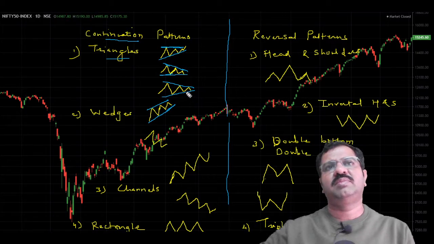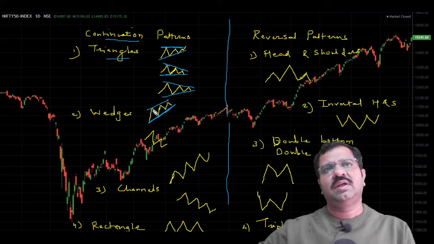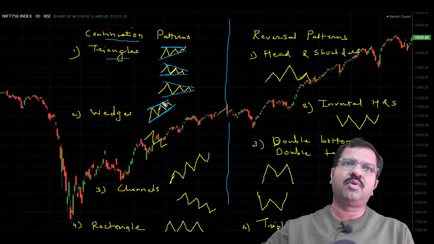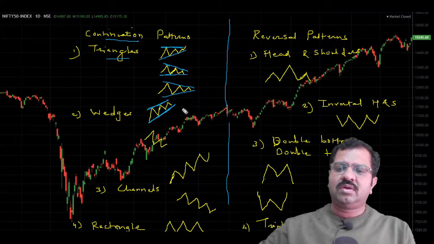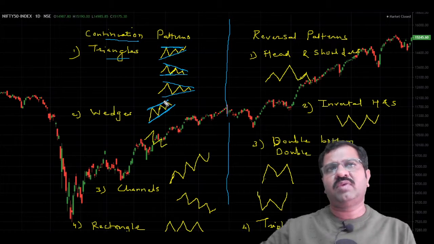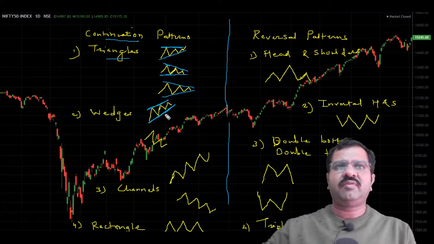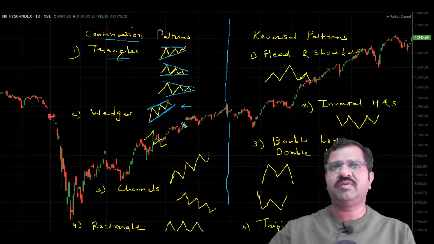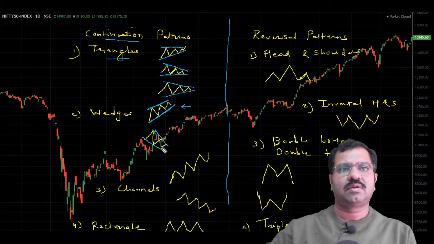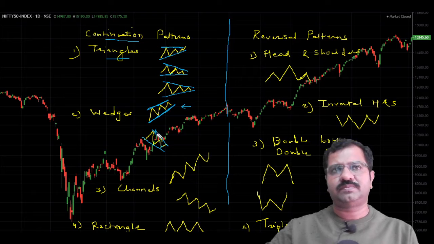These will meet far out here, but currently both the lines are sloping inward, and if you see, both lines have a directional slope. Both these are in one direction. Again, wedges are of two types. This is called a rising wedge, and this one is called a falling wedge.